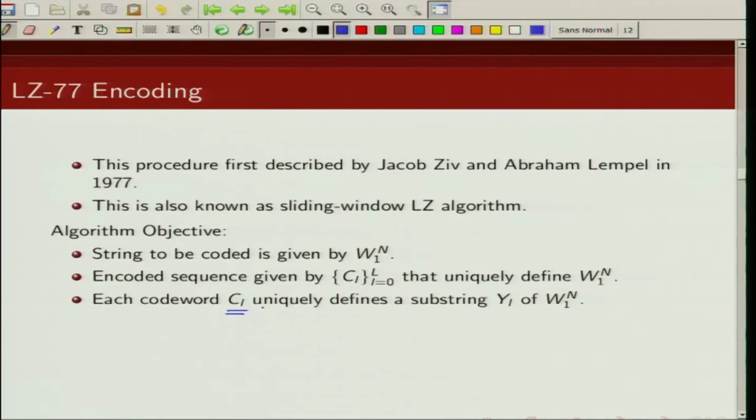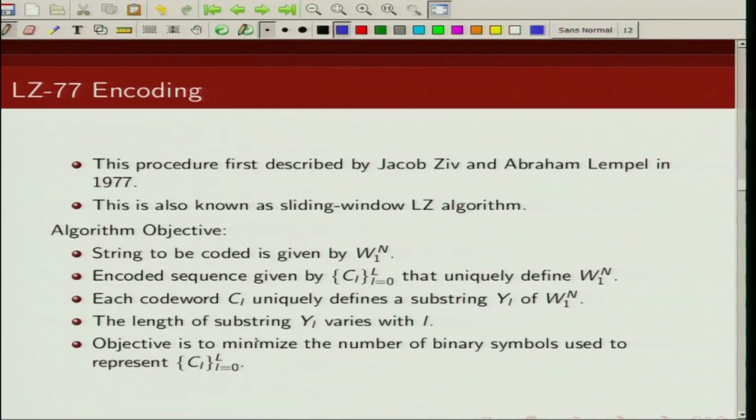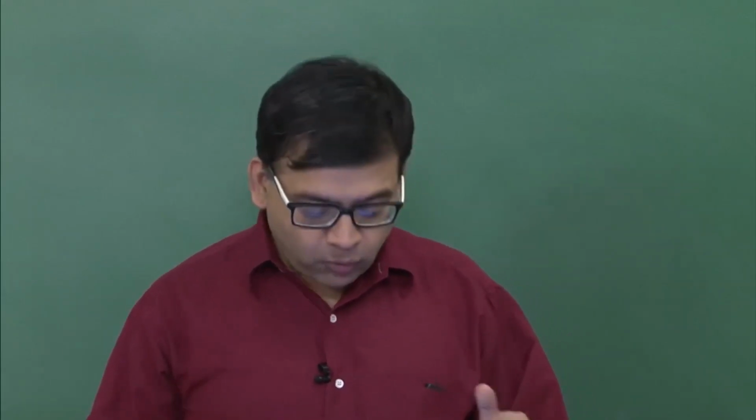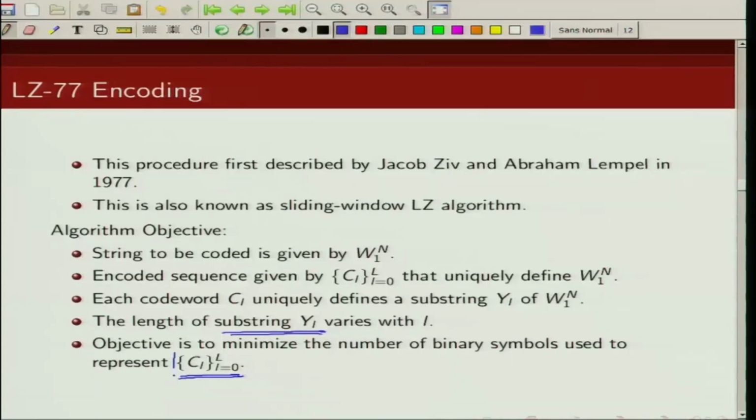Each of these code words C_l uniquely determines a substring Y_l of this block of n bits. The length of this substring is variable, and our objective is to minimize the number of bits required to represent our set of code words.